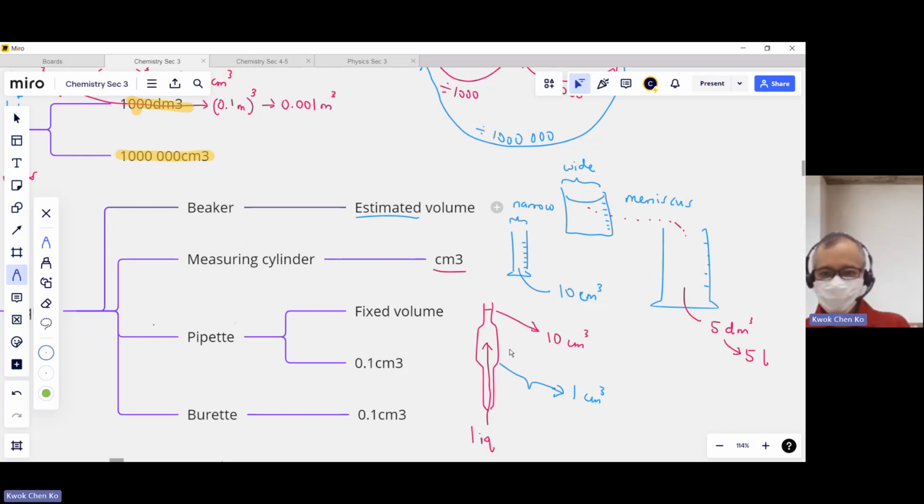But there are also very large pipettes that go up to 100 cm cube. So these would be the typical sizes, and you have other sizes in between, maybe 2 cm cube, even 3 cm cube, 5 definitely, 10, 20, 50, and so on.